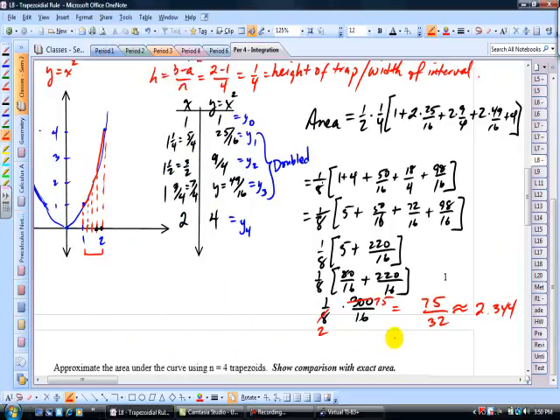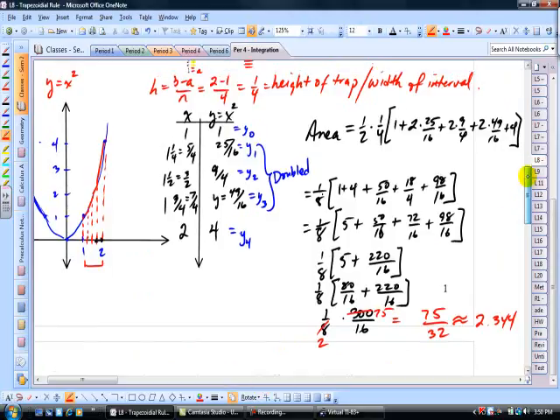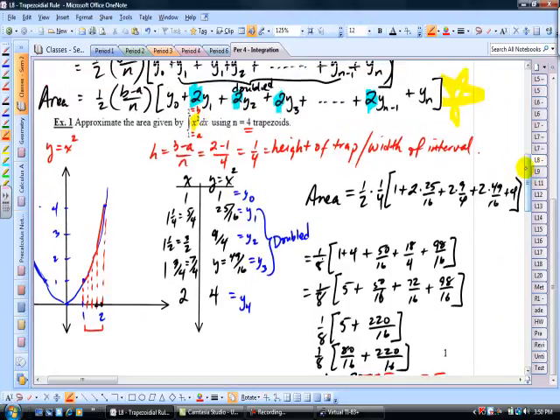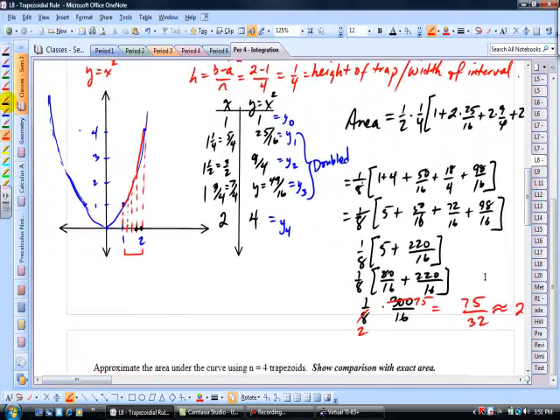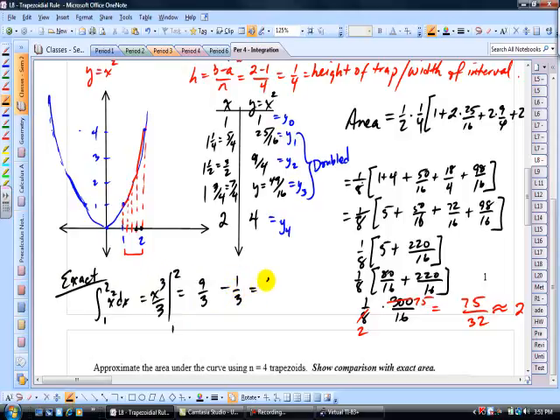Now, let's compare that to the exact area, because the exact area is found by integration. So let's do that. The exact area is the integral from 1 to 2 of x squared dx, and that's x cubed divided by 3 evaluated from 1 to 2, and that's going to be equal to 8/3 minus 1/3, which is 7/3, which is 2 1/3, which is equal to 2.3 repeating.